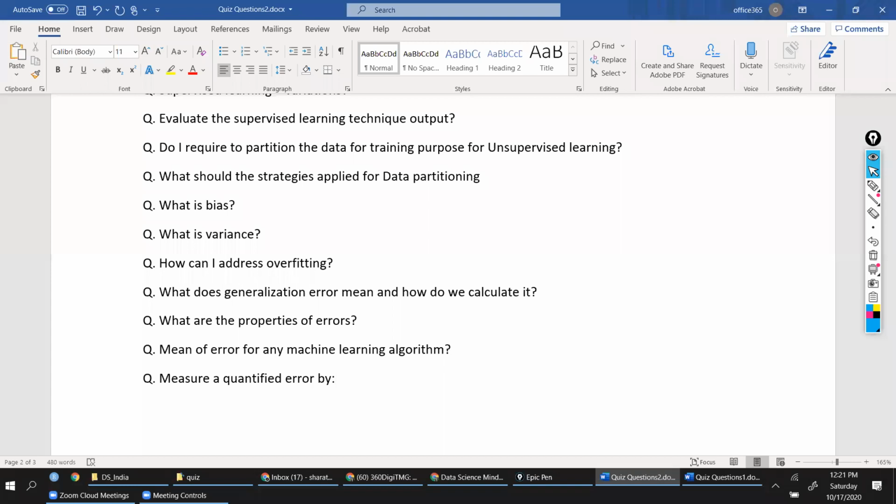Mean absolute percentage error or mean percentage error. Mean absolute percentage error or mean percentage error basically give us the error in percentage form, unit free.